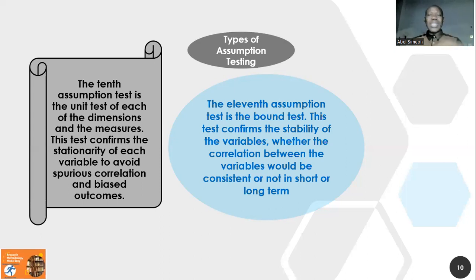Tomorrow, see them going haywire, falling apart. So this test confirms the stability of the variables, whether the correlation between the variables will be consistent or not in the long or short term.